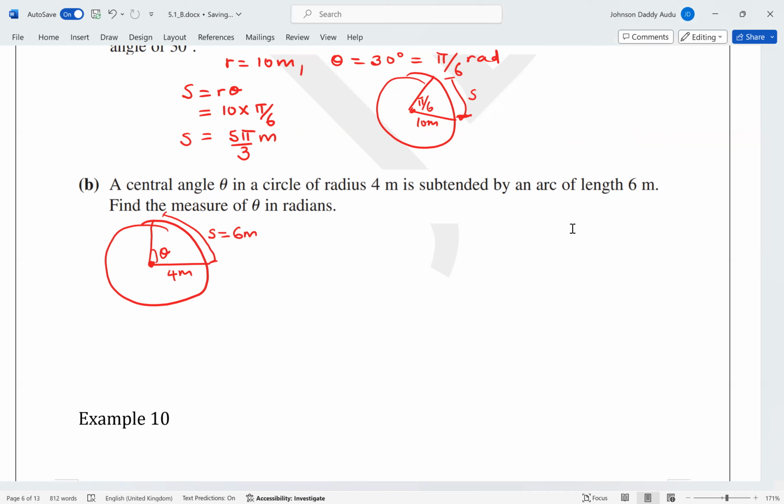So simply, we're looking for theta in this case. We don't know what theta is. So S equals r theta means that theta is S over r. And this will just be 6 over 4, so it's going to be 3 over 2. Now it's going to be in radians, our theta.